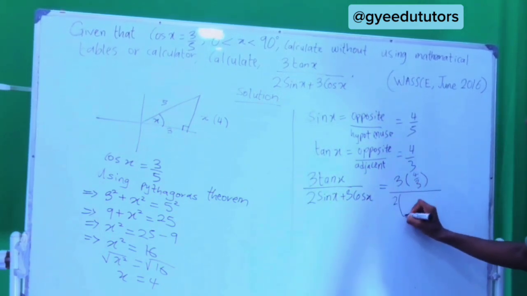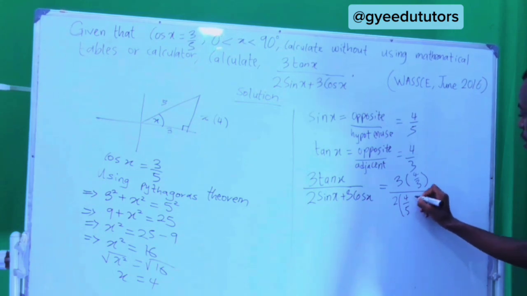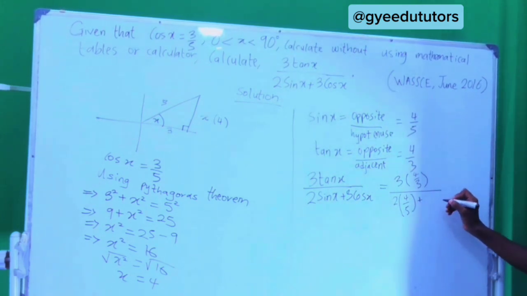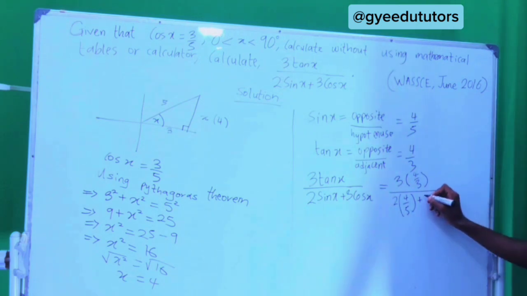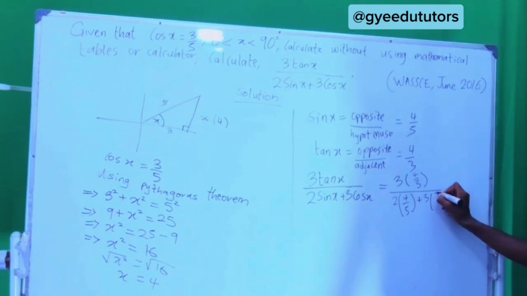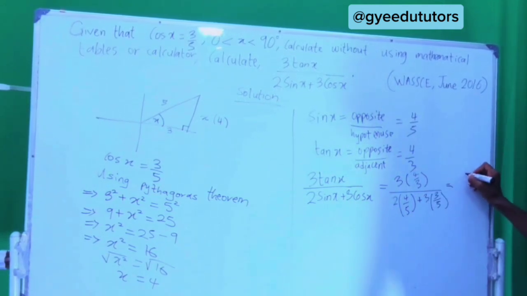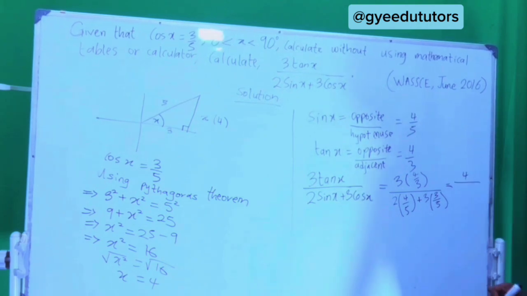So 2 times 4/5, and cos x is 3/5, times 3. So the top side, the numerator, is 3 times 4/3, the 3s cancel each other, so you get 4 on top. And the downside is what?